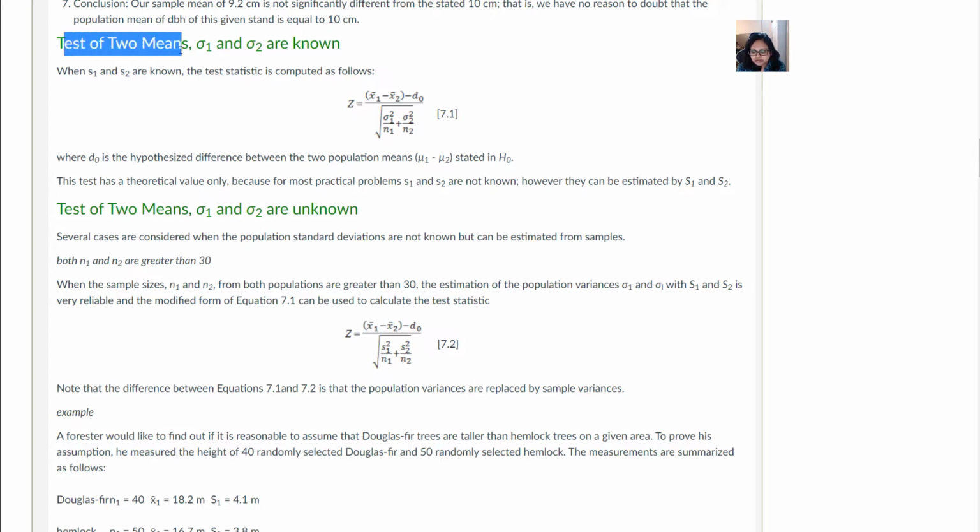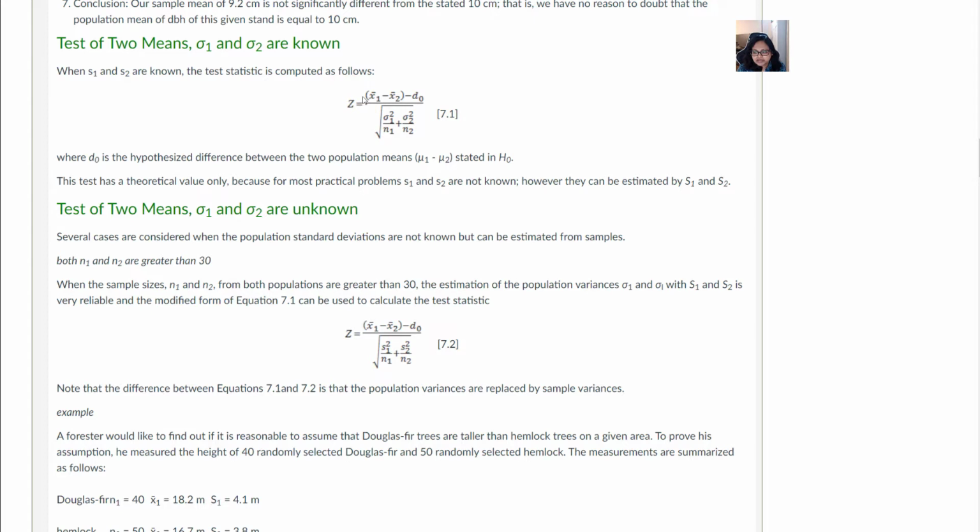If we have two population means and we know the standard deviations, then we have to use Z. You can see that this is similar to what you did in point estimation and interval estimation. This is exactly the same.